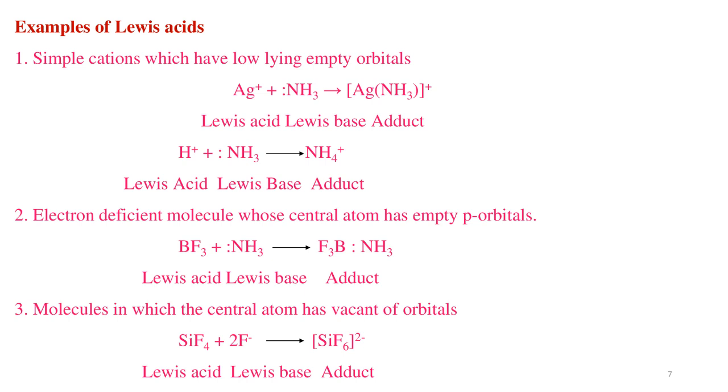Molecules in which the central atom has vacant orbitals. An example is silicon tetrafluoride reacting with fluoride ions to produce silicon hexafluoride. Here SiF4 acts as the Lewis acid and fluoride ion as the Lewis base.